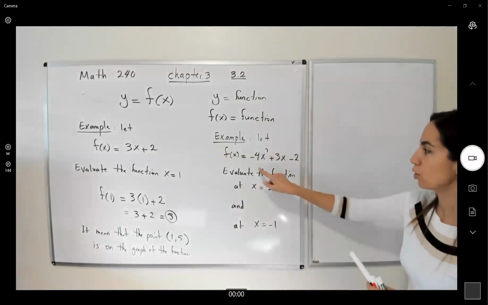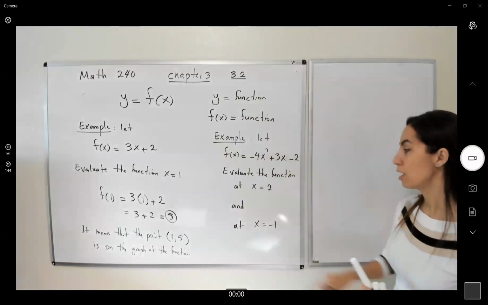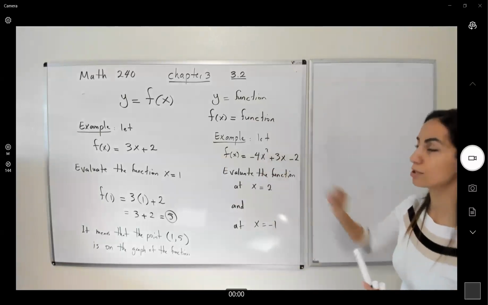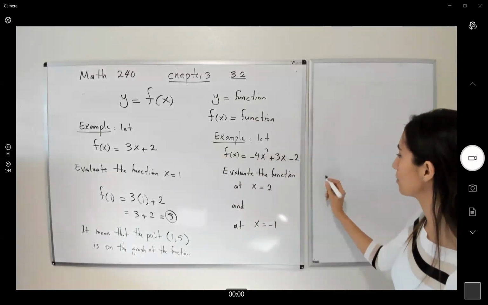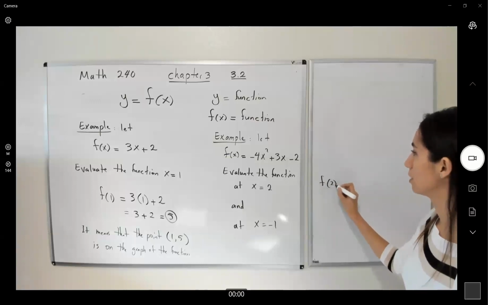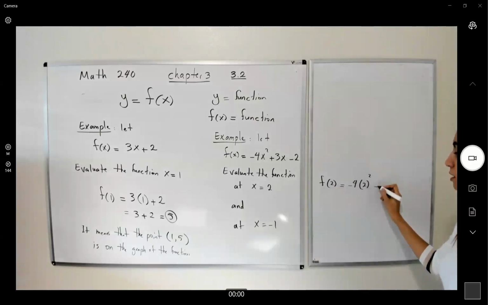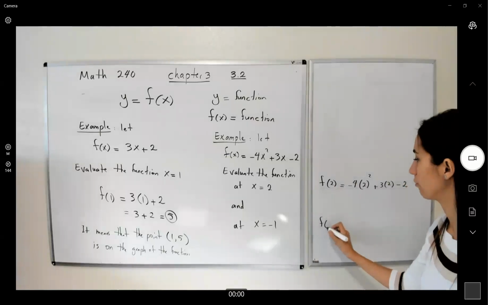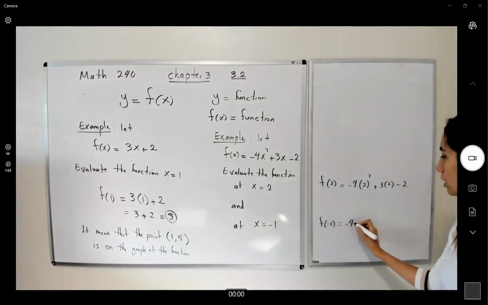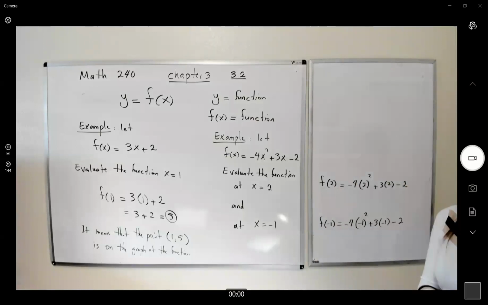Very well. Wherever we see x, we just substitute that with 2. Wherever we see x, we substitute that with minus 1. So let's calculate each of these separately. f of 2 is equal to minus 4 times 2 squared plus 3 times 2 minus 2. And f of minus 1 is equal to minus 4 times (minus 1) squared plus 3 times negative 1 minus 2.